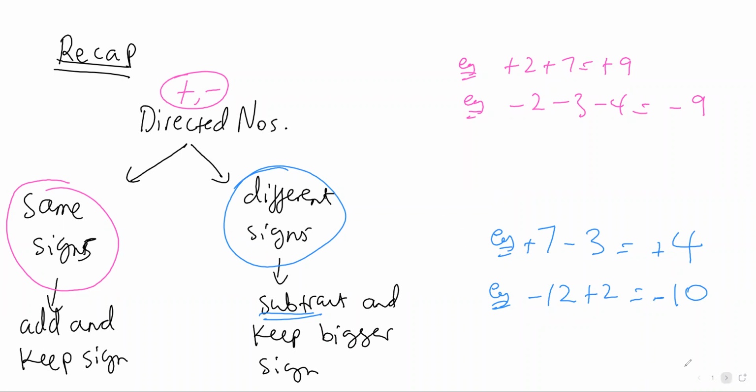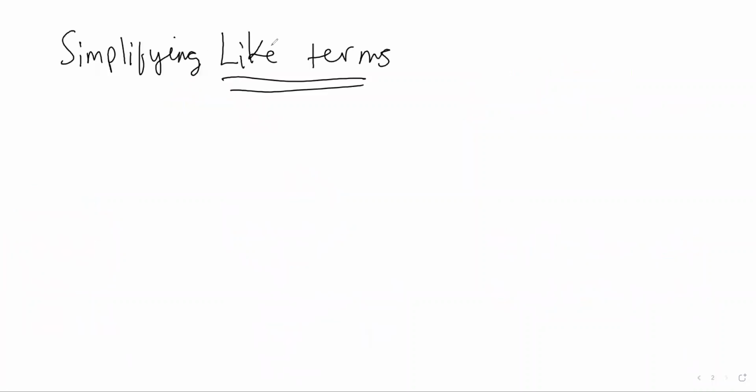And we're going on today to something called like terms. I'll send you notes, so you don't have to write this down yet. Don't hurry to write it down. So today we're going to simplify like terms. Just a recap from last term: what are like terms, right? Like terms are terms with the same variable.